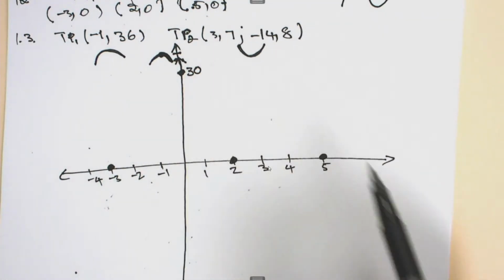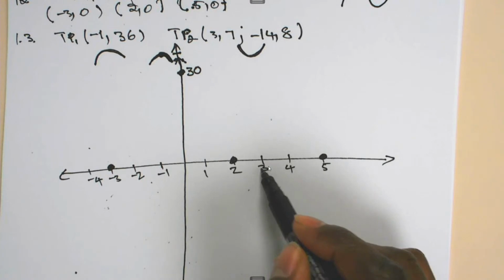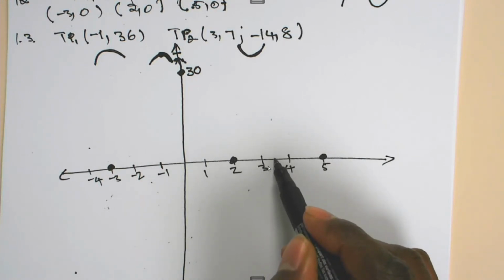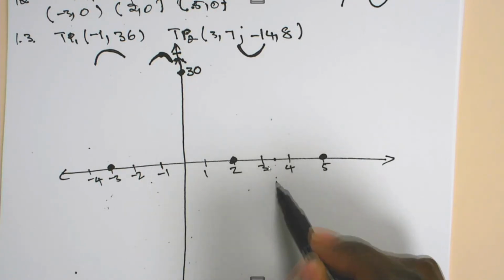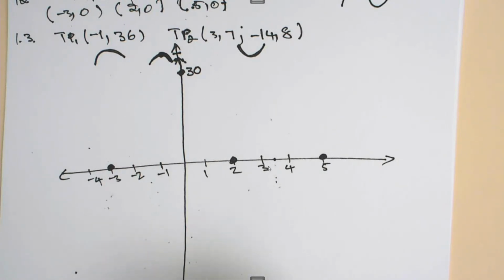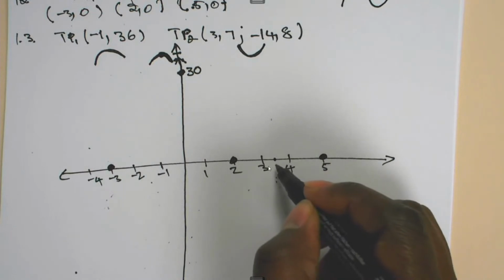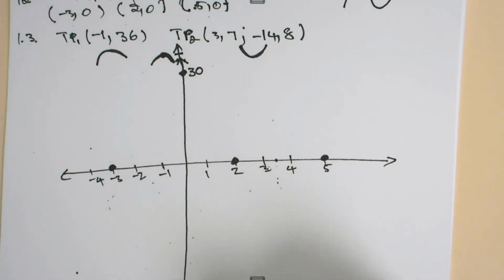And then we have the minimum turning point. The x value is 3.7. 3 is here, maybe 3.7. It could be somewhere there. And then it goes along with, say, maybe we have -14.8 somewhere there. We just estimate here, learners. Then it means we will have a point somewhere there.